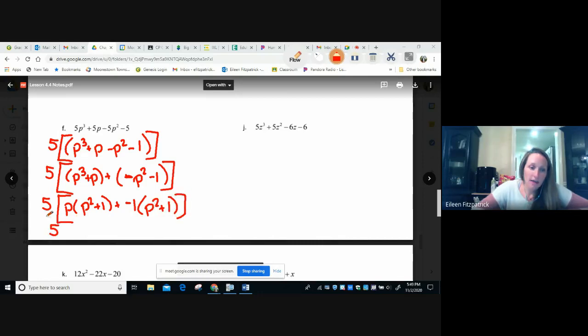Write that GCF of 5 down. Now what does this have in common with this? It has a p squared plus 1 in common. That's your GCF. When you pull out the p squared plus 1, you're left with a p, and a negative 1. And that is the answer for that one.